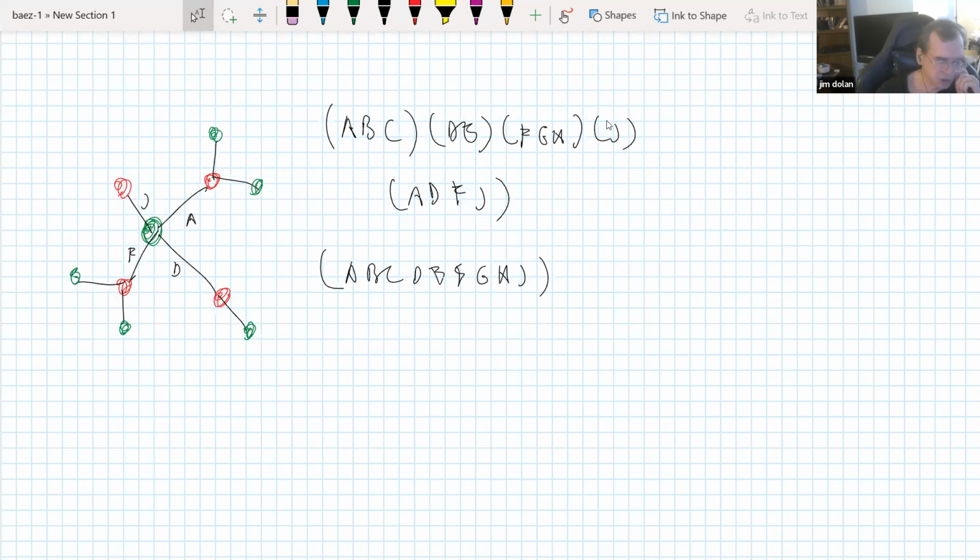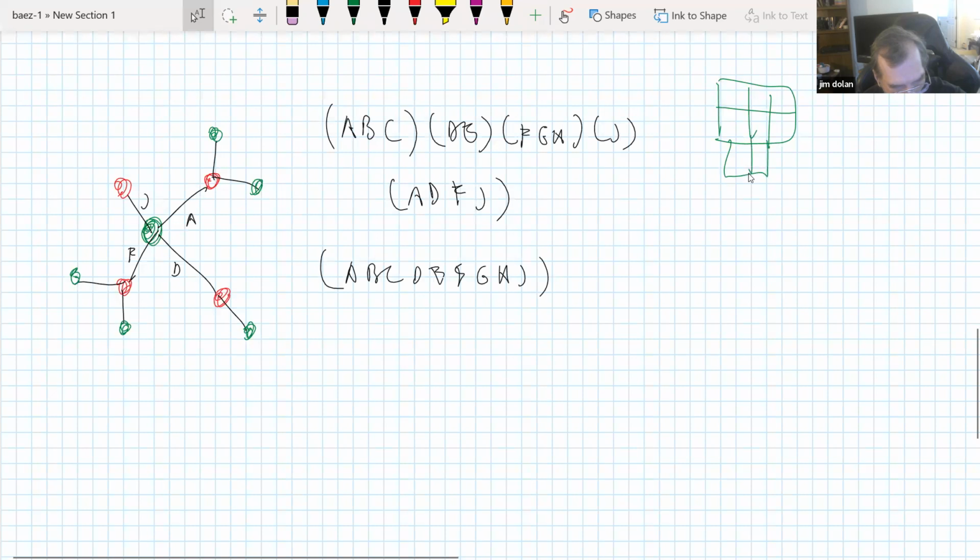So the green constraint says that the zeros are all lumped together in the way of the Young diagram. You know, this Young diagram that looks like it's got two 3s, and then a 2, and then a 1.